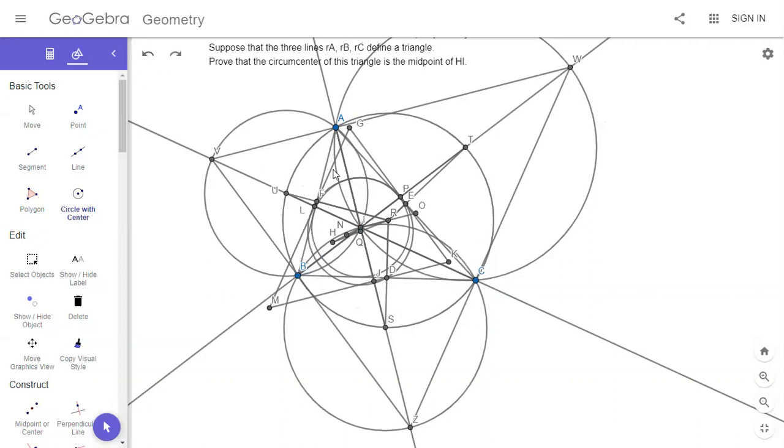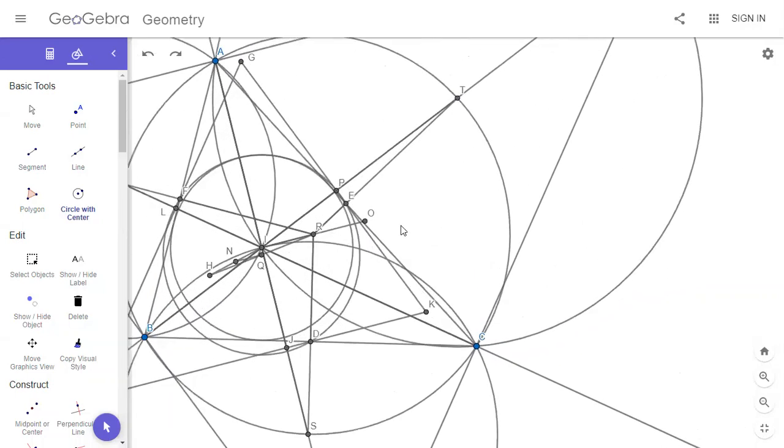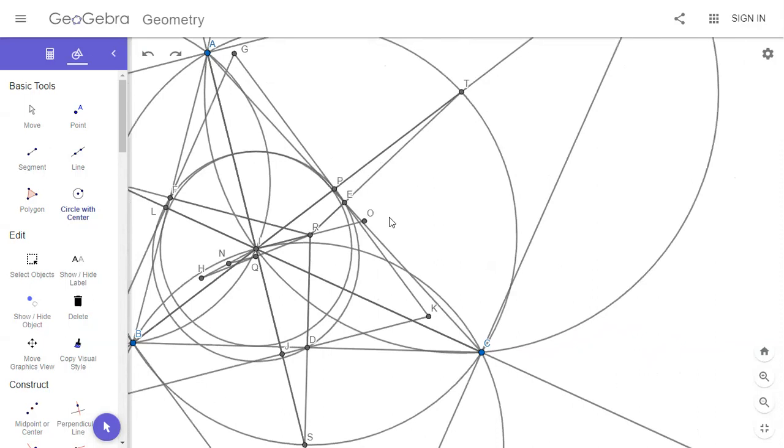And I don't think ABC is similar. No, ABC isn't similar to that triangle, but let's see. So if we zoom in a bit, it looks like R is the midpoint of IO.